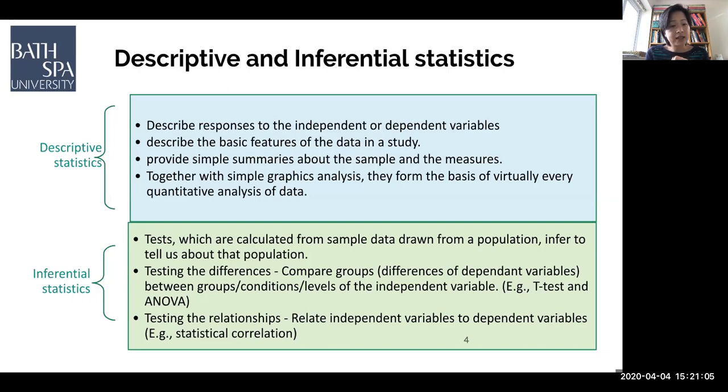Inferential statistics is basically to test differences of the data between groups. So your outcome variables, which are dependent variables, or the differences between different groups, for example, gender or ethnicity or different conditions.